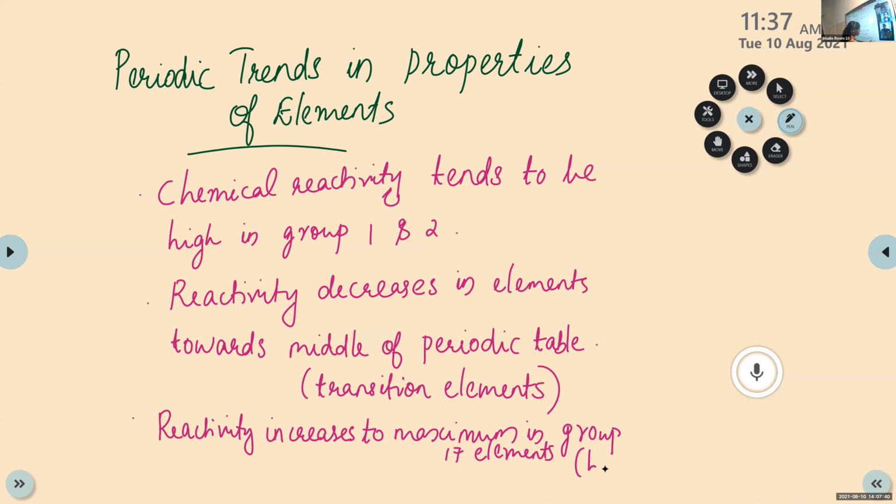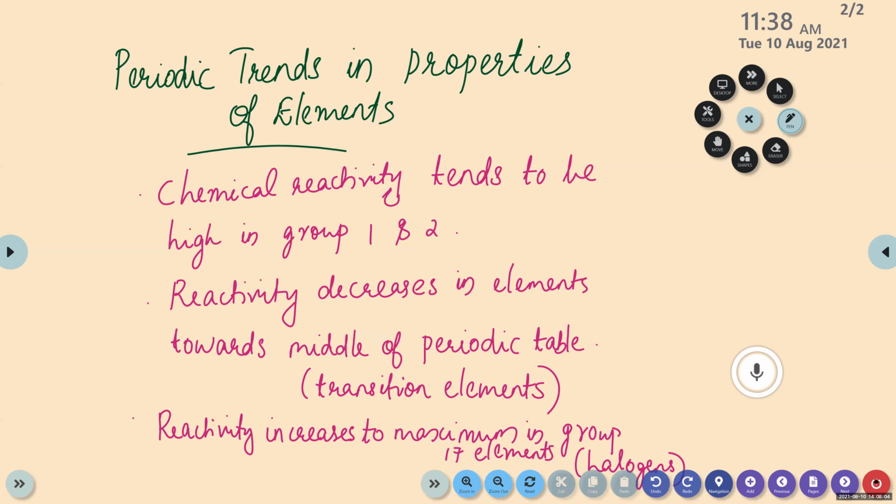Group 17 elements are known as halogens. Finished, right?